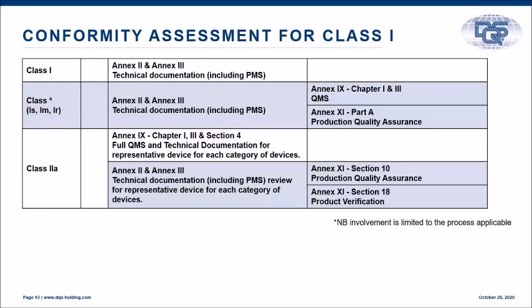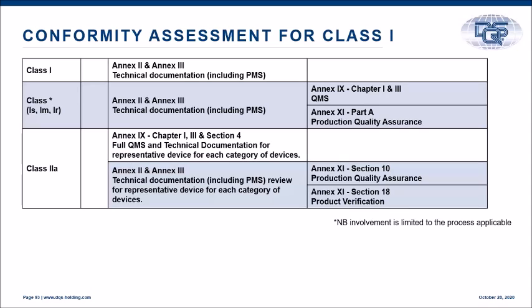So for class 1, that is self-certification, you need to demonstrate compliance to Annex 2 and Annex 3. Annex 2 is on technical file, Annex 3 is on post-market surveillance. So for class 1 sterile, class 1 measuring and class 1 reusable, you need to have compliance to Annex 2 and Annex 3, and notified body involvement will be there, which will be limited to the sterile or measuring or reusable feature of the product.